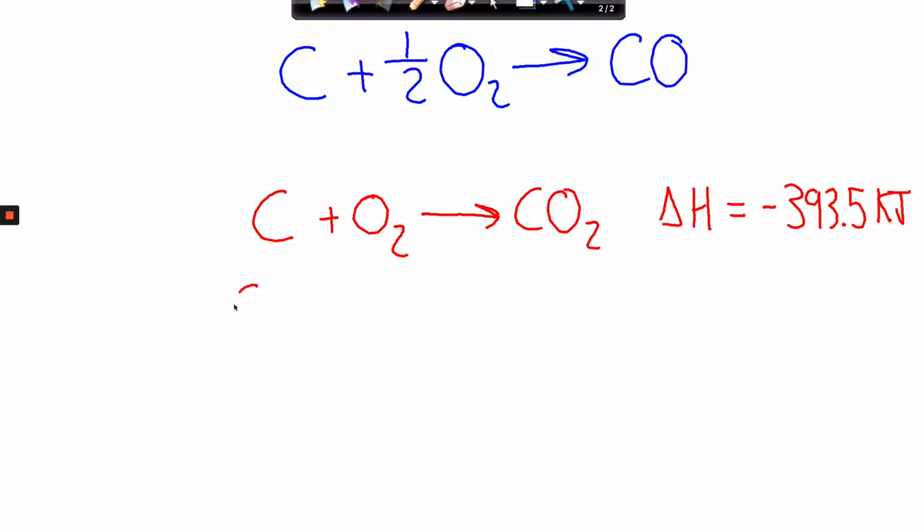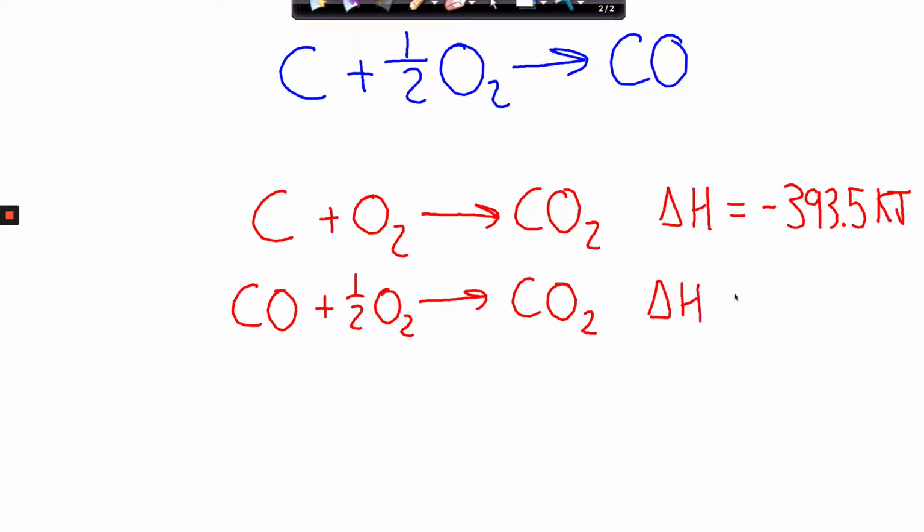Then guys, we've got carbon monoxide plus 1/2 O2, and that yields carbon dioxide. And the delta H for that is negative 283.0 kilojoules per mole.